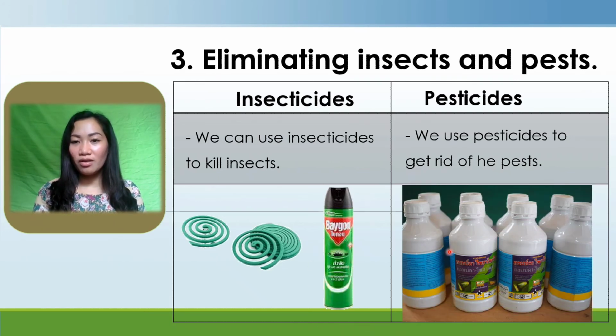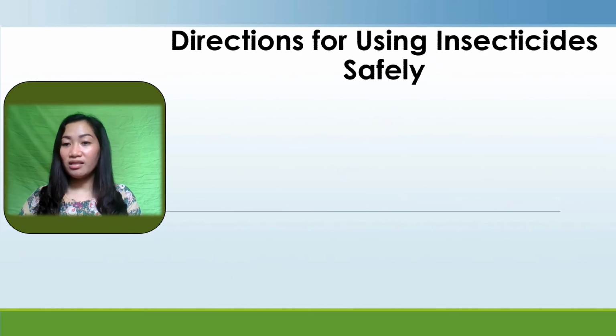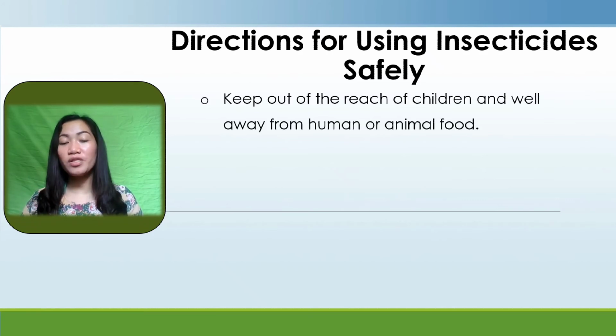And we have also the medicine that they use especially for the farmers in the farm to get rid of the pests that are harming the plantation. So there are some directions on how to use the insecticide for our safety. First and foremost, keep it out of reach of the children and well away from human or animal food.